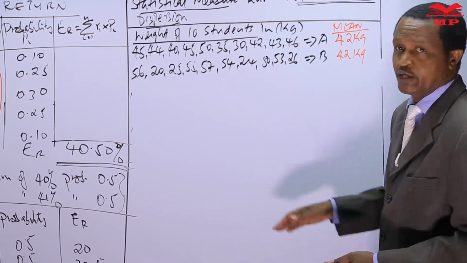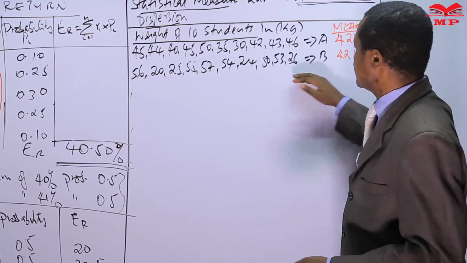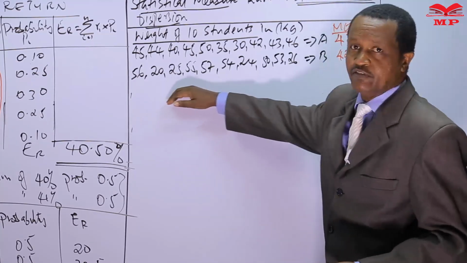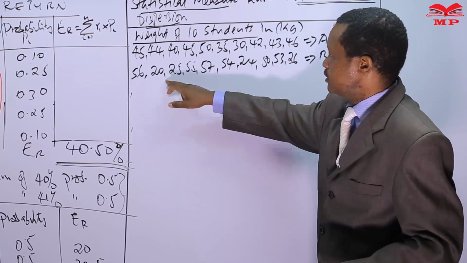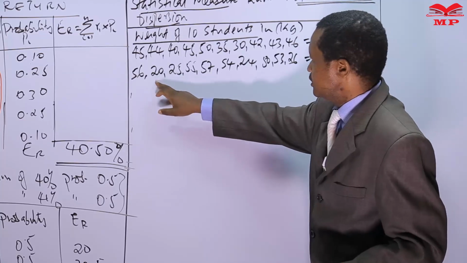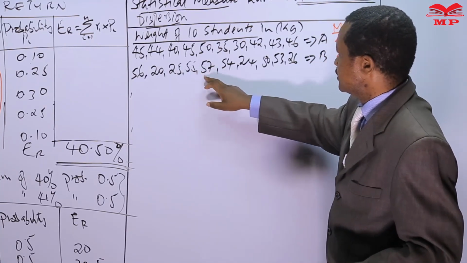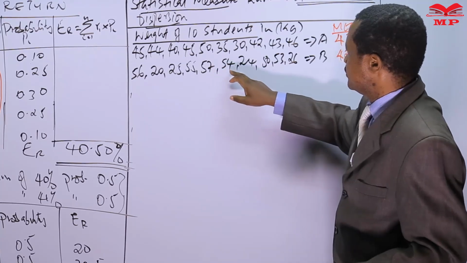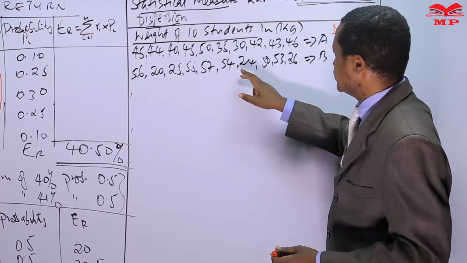Even by way of observation, you can see that under class B, there is a high variation compared to class A, variation between the different weights. Here we have 56, 20, 25, 50, 57, 54, 24. The variation between 54 and 24.